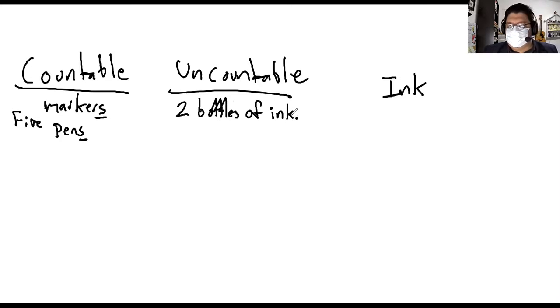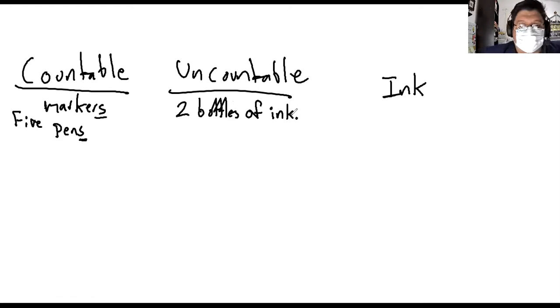That's simple. 3 bottles of ink. You guys see now how we can identify if a word is countable or uncountable? Never think about it in a literal sense, because if you do, you will mess up.